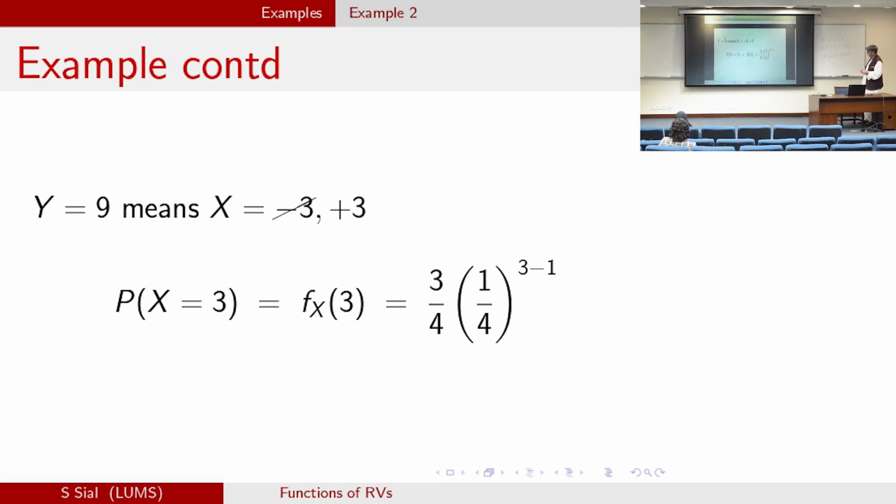So that's equal to the PMF for x evaluated at 3. And the formula that we gave when we defined the function is 3/4 times 1/4 to the 3 minus 1. Any questions so far?